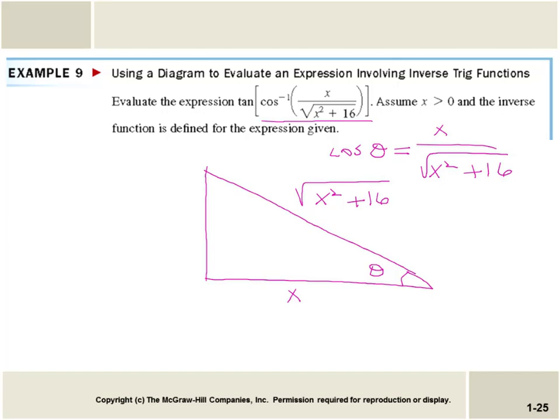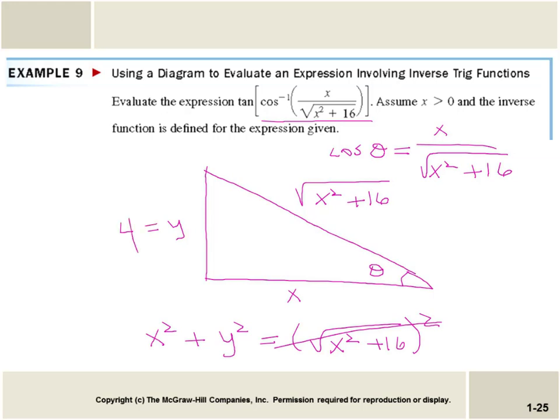Yeah, Griffin. I'm not going to simplify it. I can say that, let's call this y. I can say x squared plus y squared is equal to the square root of x squared plus 16 squared, right? So that makes y equal what? Yeah, 4.